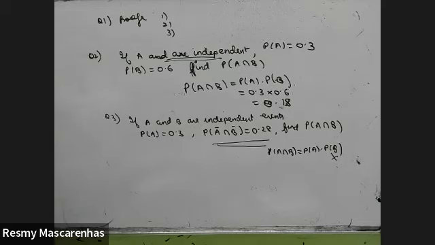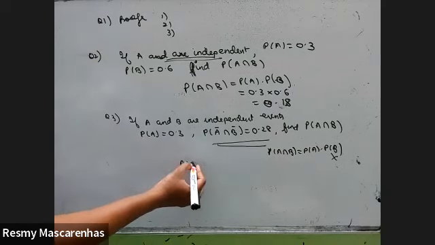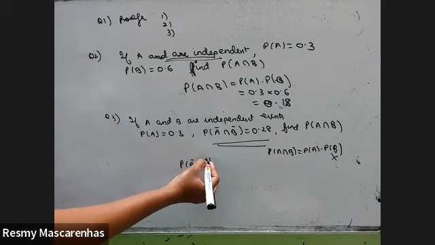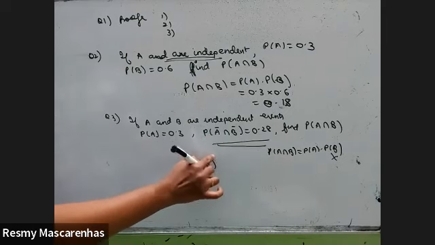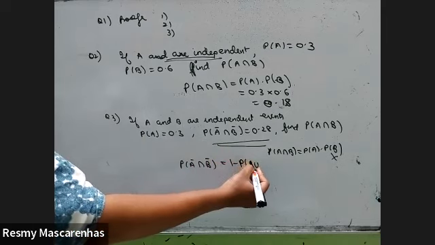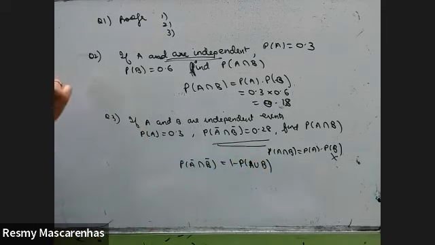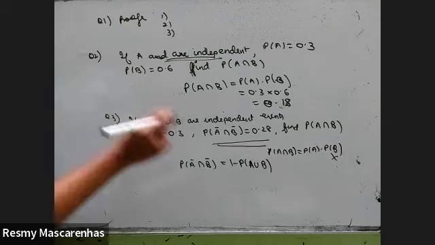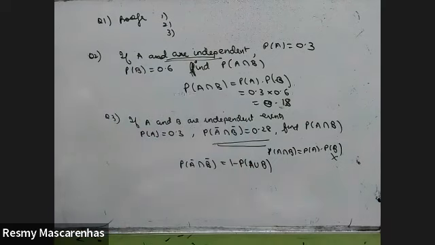So what I can do, I can use this formula P of A bar or complement, it means the same, whether you put dash. So this can be written as P of A union B. P of A union B actually will not help me.